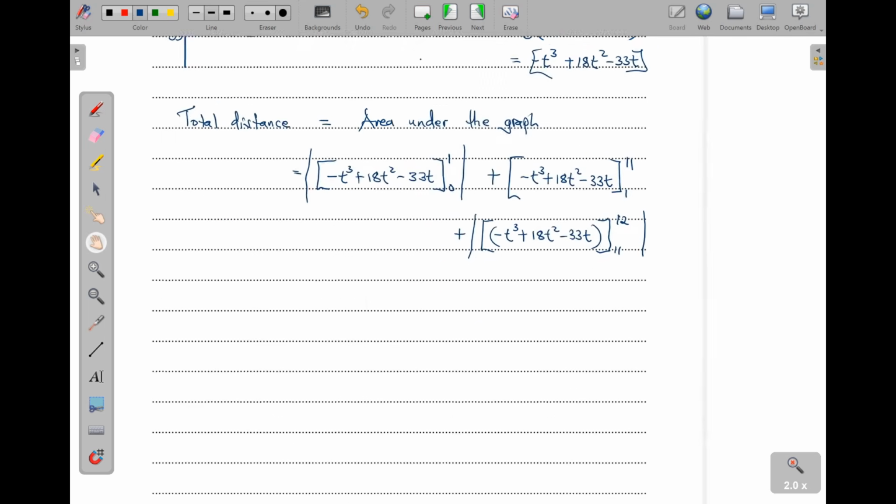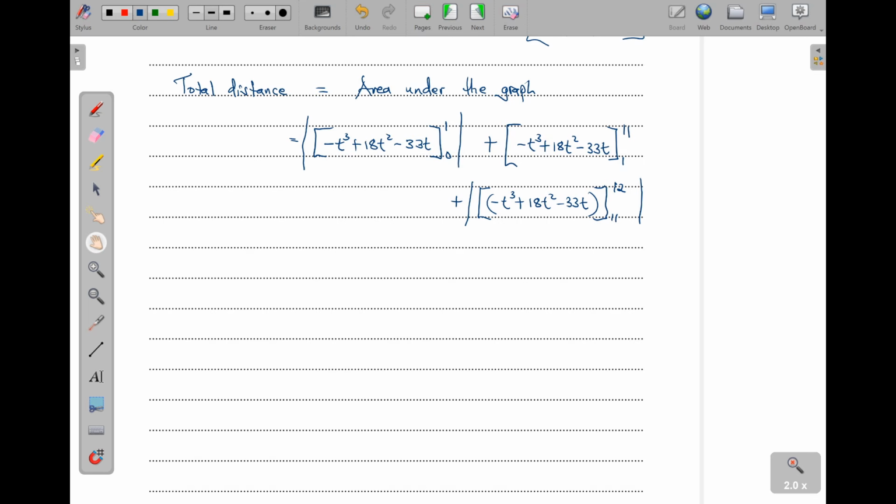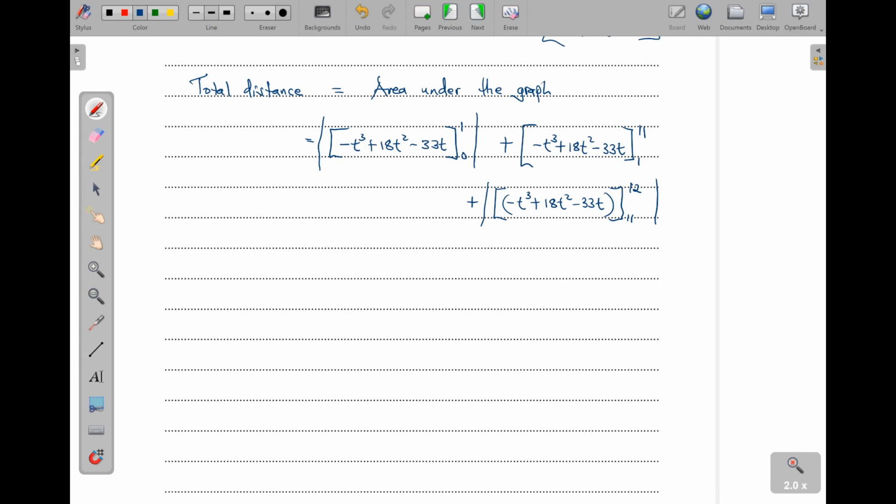Then we can substitute these values here, and then what do we get? So when we put 1, we shall now get negative 8, then plus 18 minus 33, then minus 0. Then plus how about here? We shall have put in 11. So we shall have negative 11 cubed, then plus 18 times 11 squared minus 33 times 11.